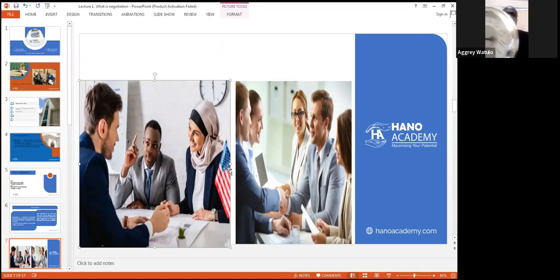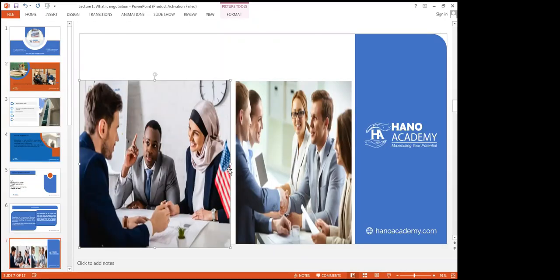That's why the clock is at the top of that room. So we have the issue of time management.